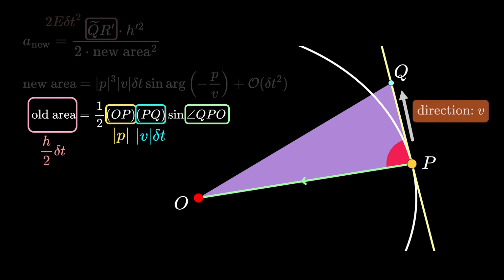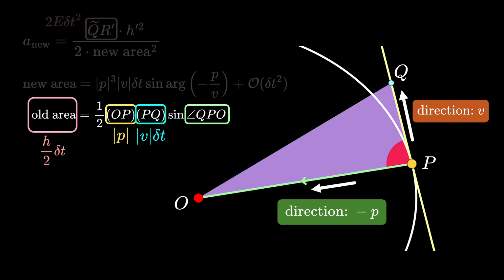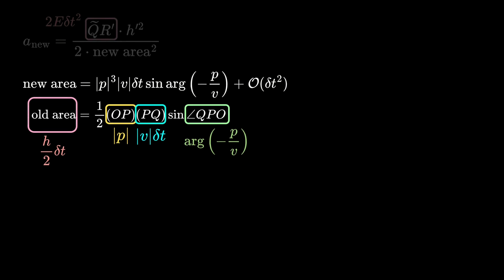The direction along the tangent is given by velocity V, and the direction towards the center is negative P, so the included angle in this case is also the argument of the quotient negative P over V. With this old area expression, we can simplify the expression for the new area, which is angular momentum h times mod P squared delta t if we ignore the higher order terms.